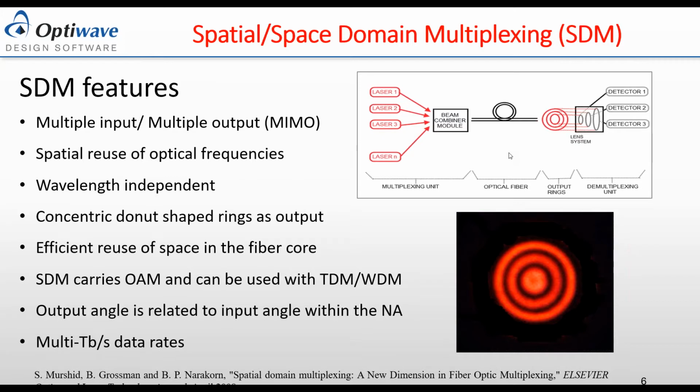frequencies. However, if we want to make our life a little simpler, if we decide not to use the DMUX, the beam separator module at the output end, then what would happen? These 3 rings would basically fall on a single detector, and their energy would be simply added.